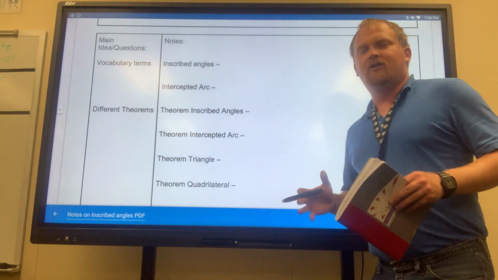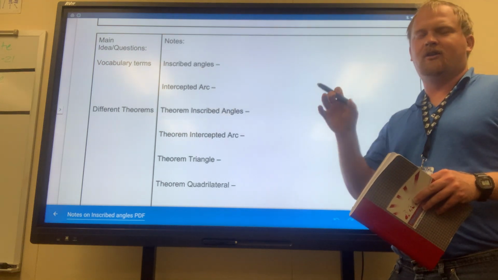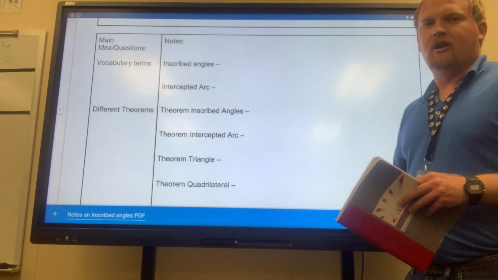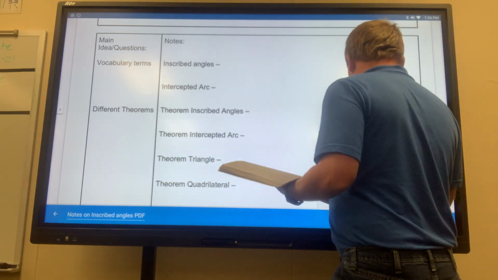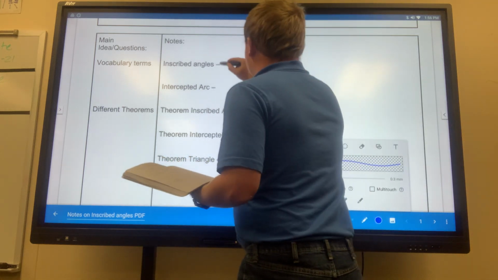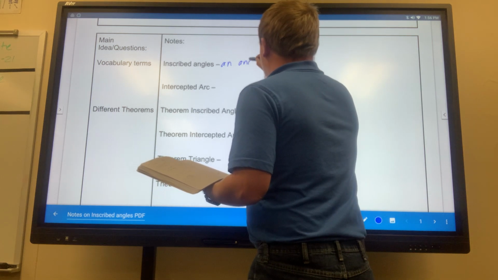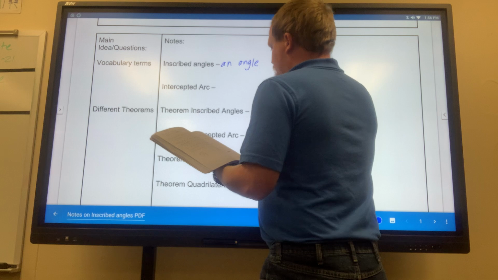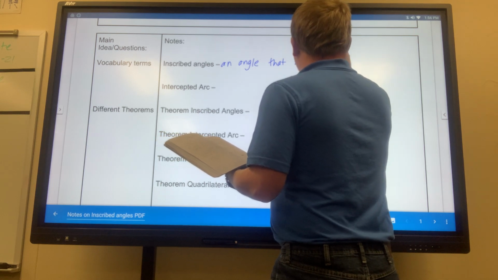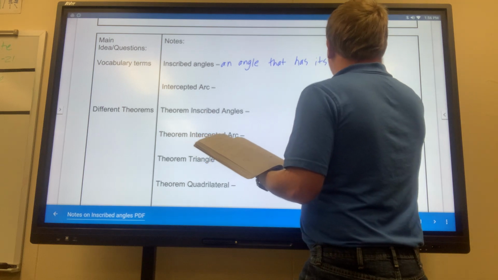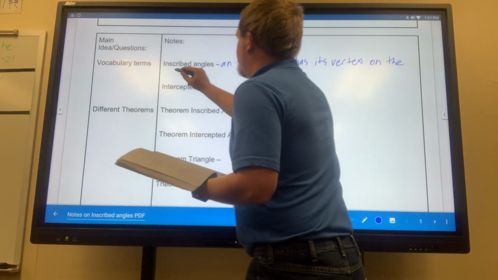All right, so these are a little bit different. These aren't central angles where the angle is in the center. An inscribed angle is an angle that has its vertex on the circle.